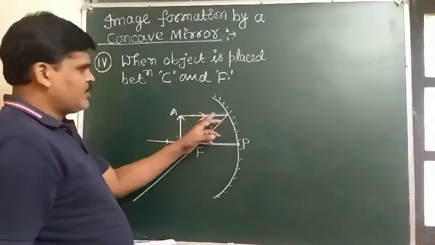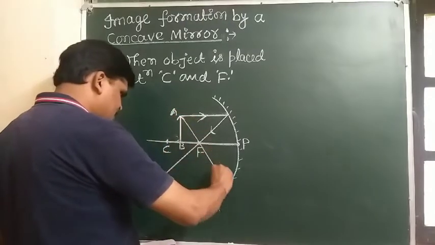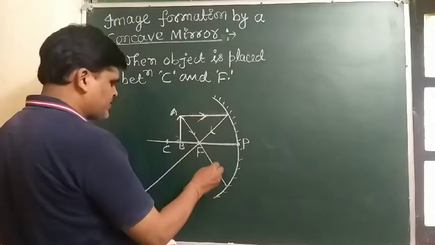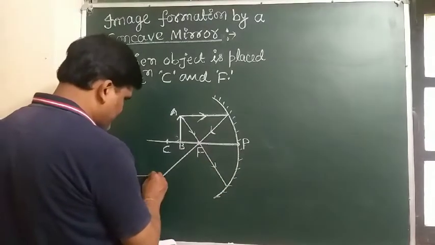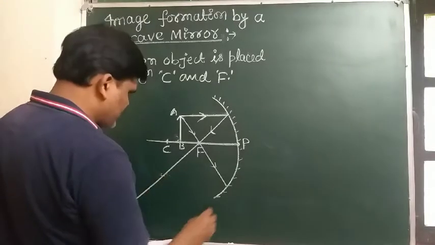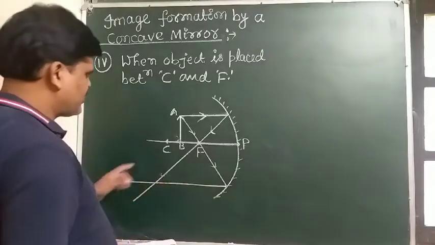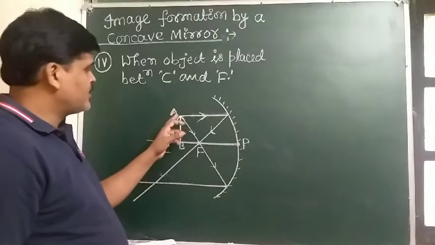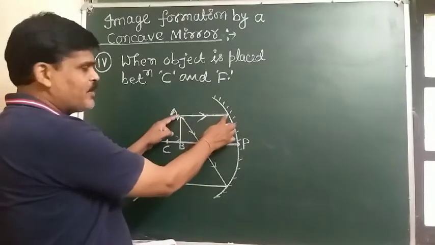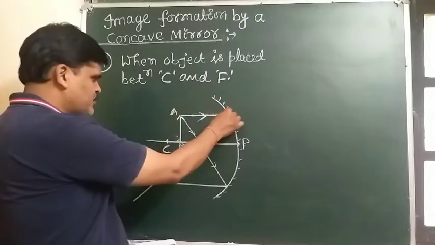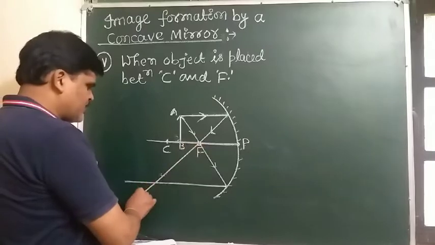Second, if a ray of light passes through the focus, after reflection it becomes parallel. So the first ray, parallel to the principal axis, after reflection passes through the focus of the concave mirror.